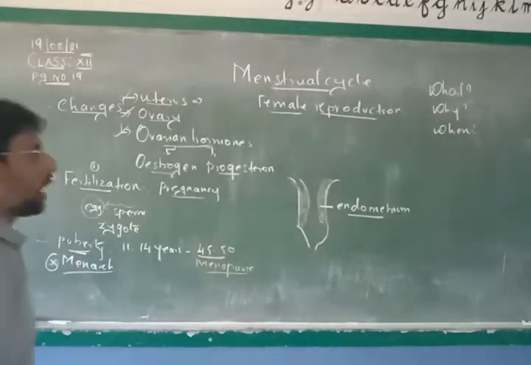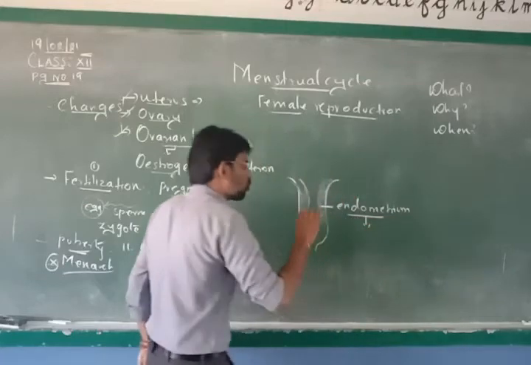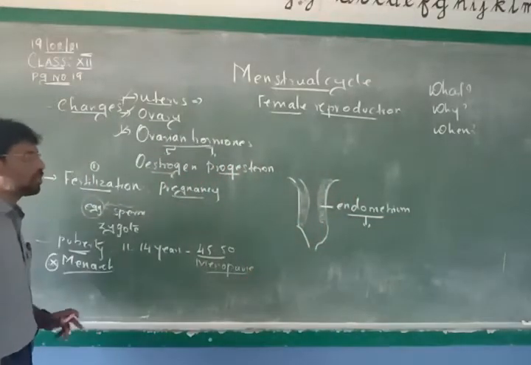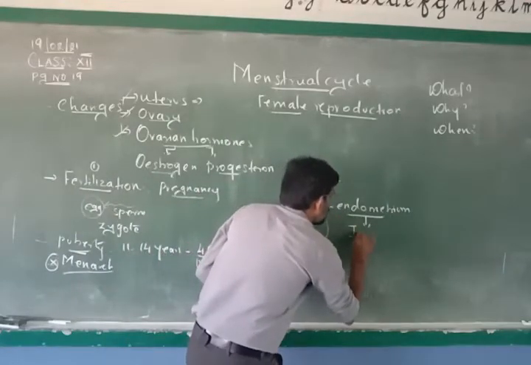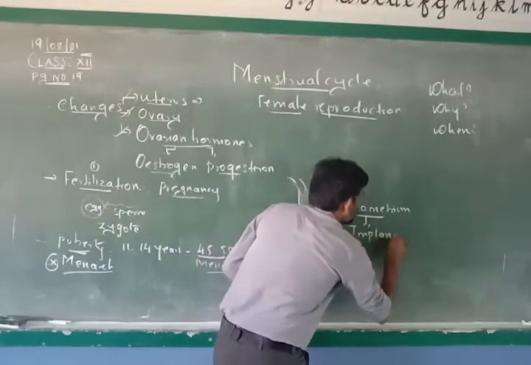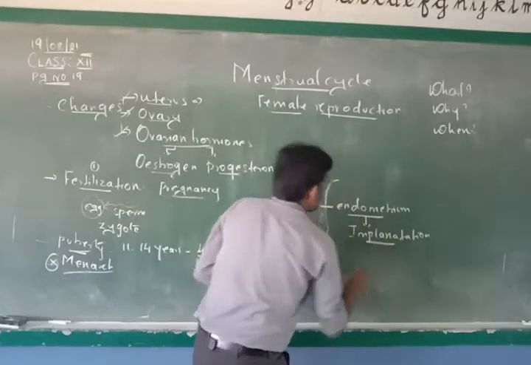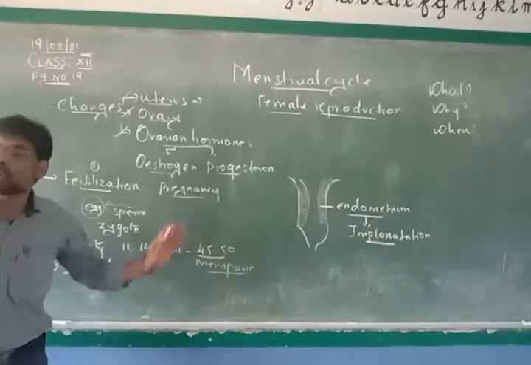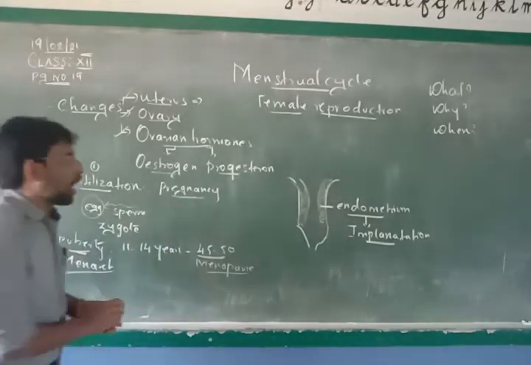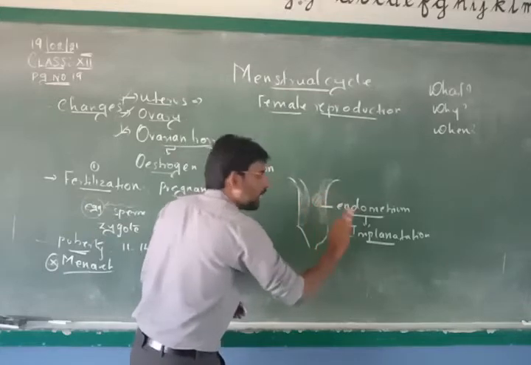Now the role of the endometrium: it becomes stronger because of these hormones, and this is for the implantation process. Implantation means, when the egg which is released from the female reproductive tract, whether it is getting fertilized or not, the egg should come and fix inside this wall and remain there.